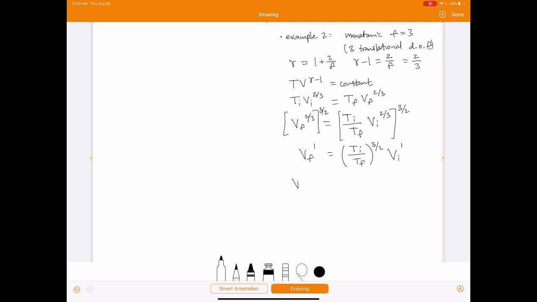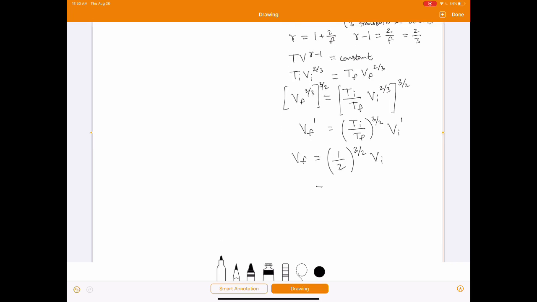So therefore, V final is what? Well, what we're told is that the temperature has doubled. So what that means is the ratio of T initial to T final is 1 divided by 2, because T final is twice T initial. So the ratio is 1 divided by 2. We'll take the 3/2 power, and then we'll have V initial next to that.